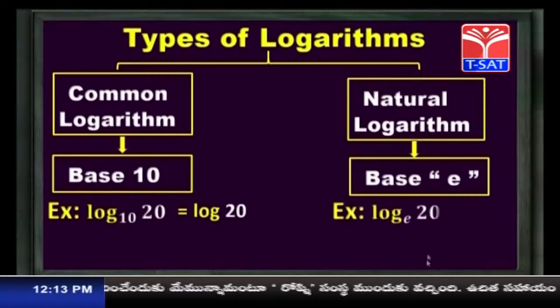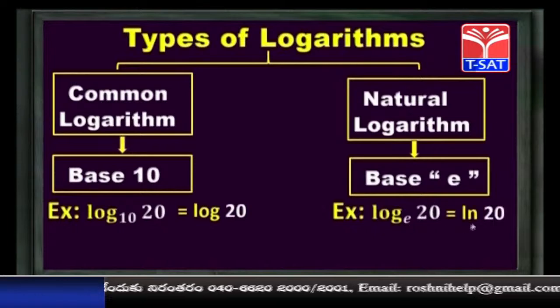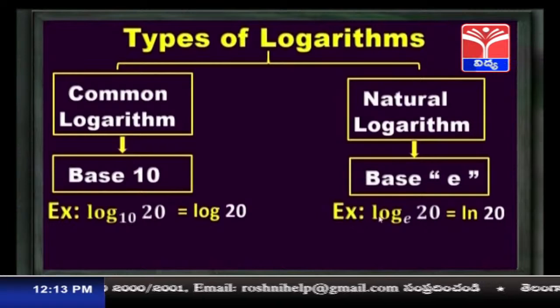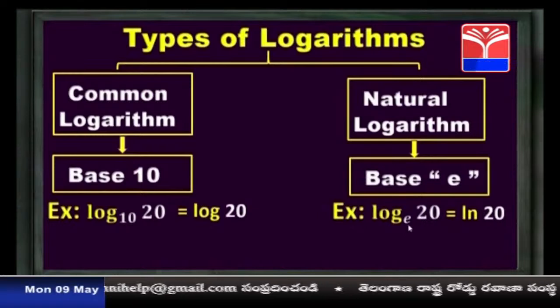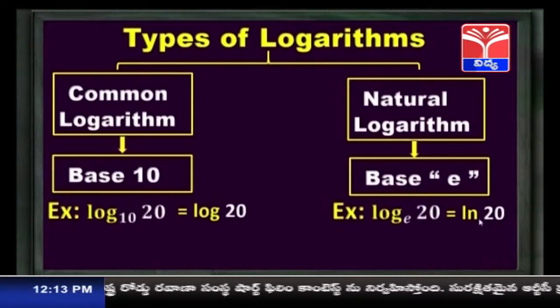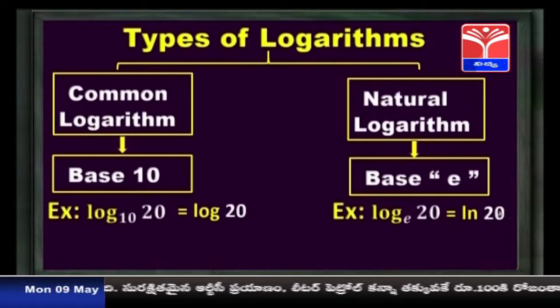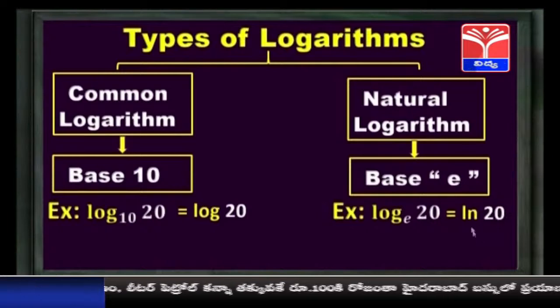And for the natural logarithm, the example is log 20 to the base e, which we can write in short form as ln 20. Instead of writing log 20 to the base e, we write ln 20. ln 20 is nothing but natural logarithm of 20. So whenever we say natural logarithm, the base is e.